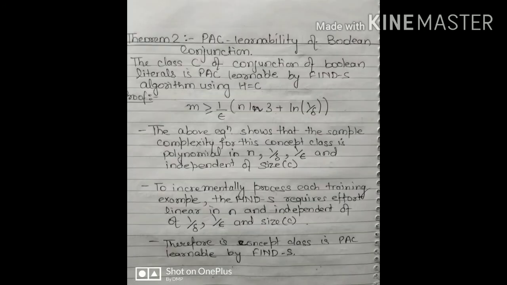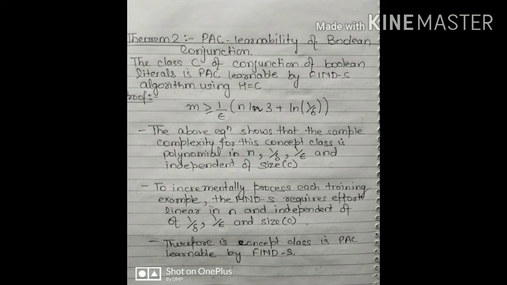Now we are going through the second theorem of sample complexity for finite hypothesis space. This second theorem states the PAC learnability of Boolean conjunction. It means the target concept class C of conjunction of Boolean literals is PAC learnable by Find-S algorithm using H identical to C. I have already written this in the notes, and you can see the proof part also.